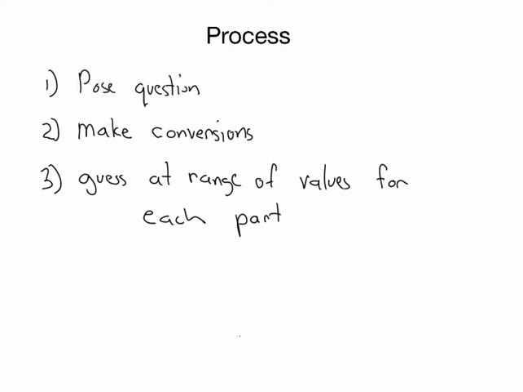And by doing those three things, posing the question, making the conversions, and then guessing at the range of values, we'll get not just an answer, but given the range of values, we'll get a range of possible answers that should bracket the more accurate answer that we would get from a more sophisticated or more complicated model.